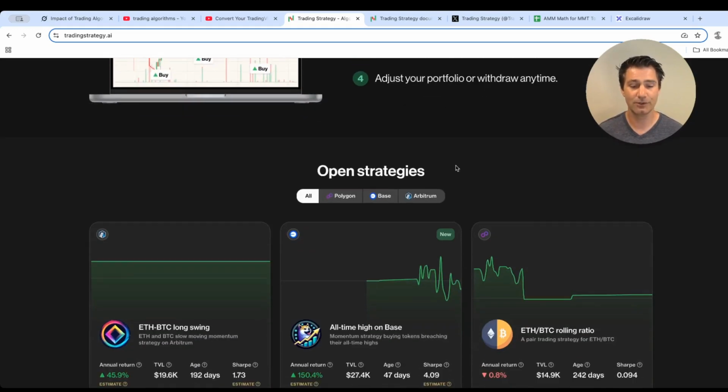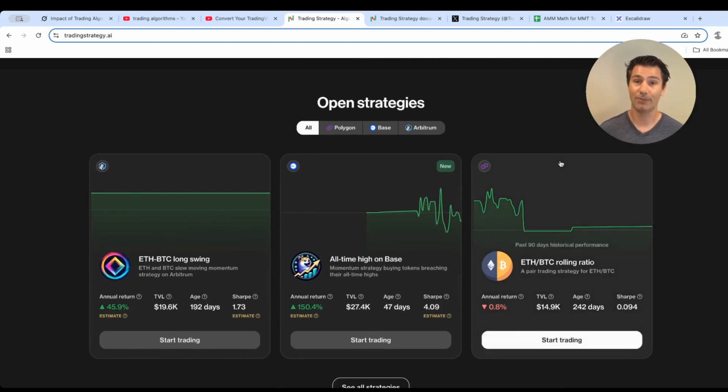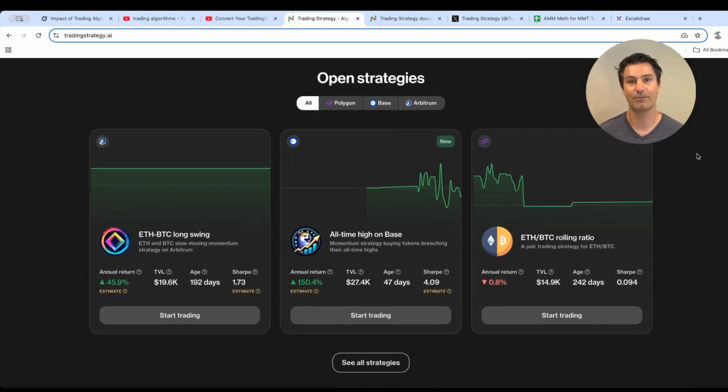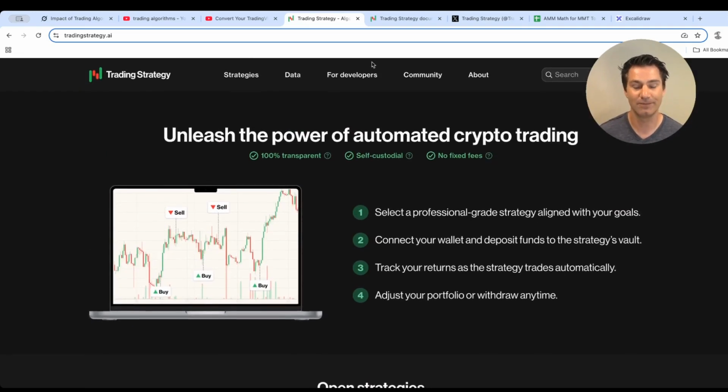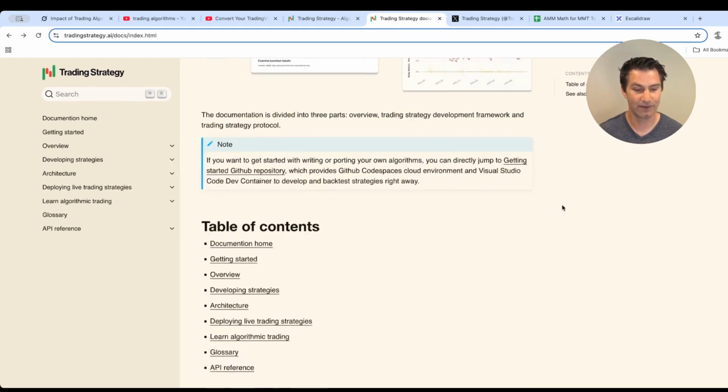They do have some open strategies that you can put money into and start investing with, and they're going to take a commission based on how much those strategies succeed. But what was interesting to me is the for developers section, and this is where we got into the documentation.